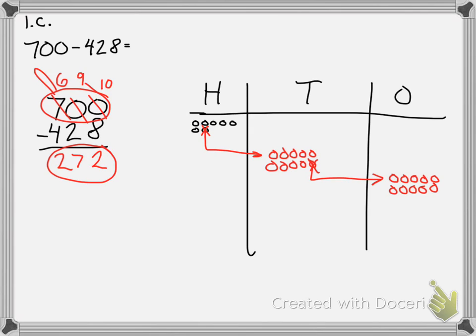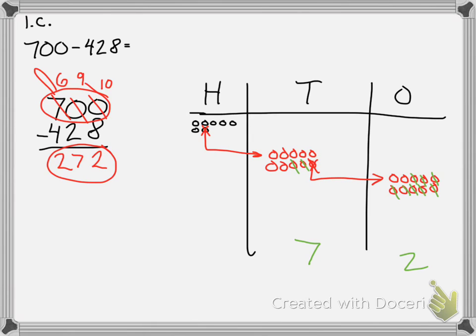So let's see, I need to subtract 8 from the ones place. 1, 2, 3, 4, 5, 6, 7, 8, which of course leaves me with 2. And then I am subtracting 2 from here, so 1, 2, which leaves me with 7.